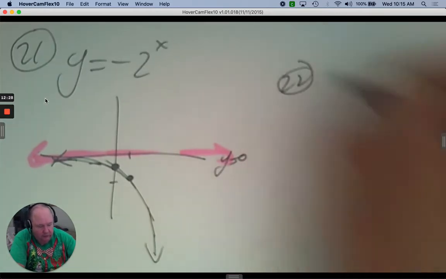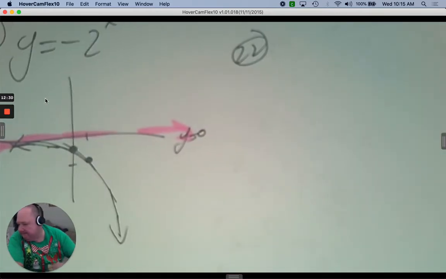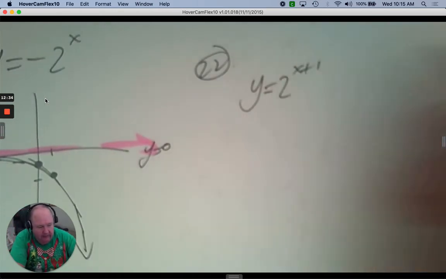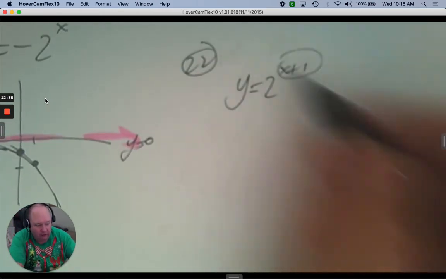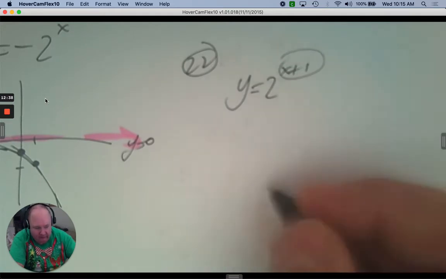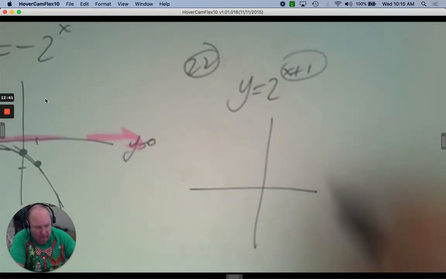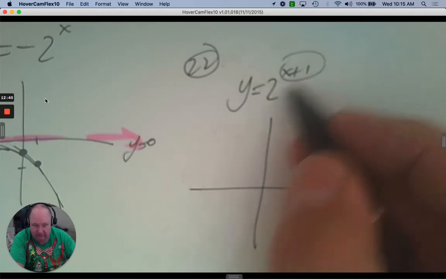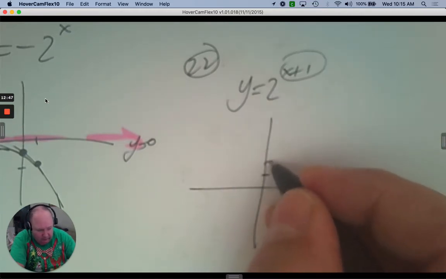Number 22 is y equals 2 to the x plus 1. So here's an example where it's been shifted to the left one. Again, I'm just going to get 2 points. If I plug in 0, I get 0 plus 1, so it's 2 to the 1. So for 0, the answer is 2.